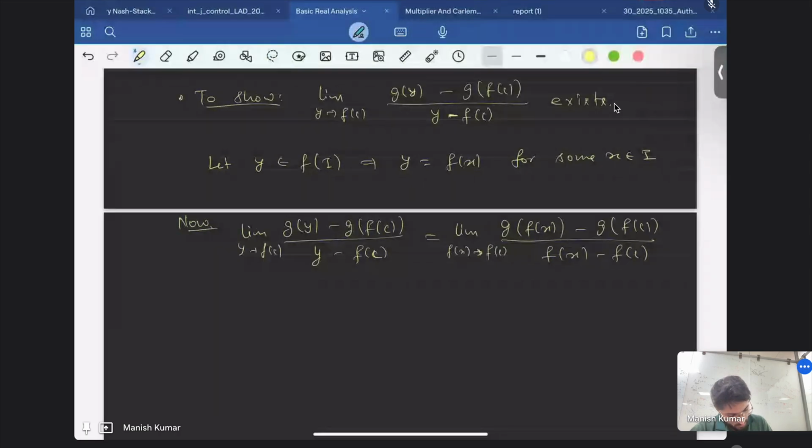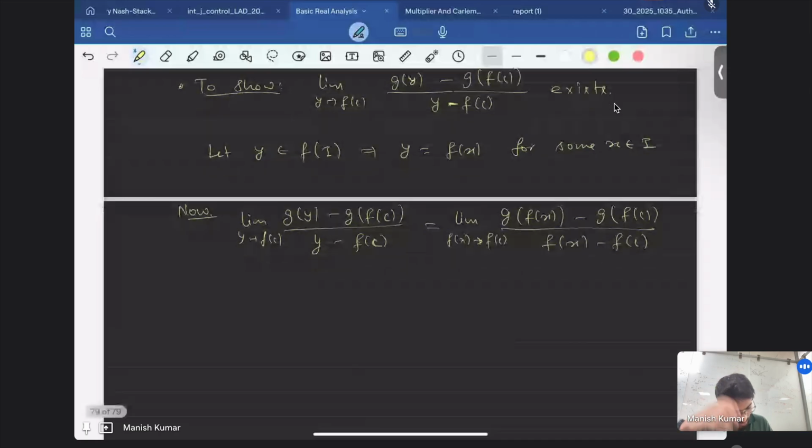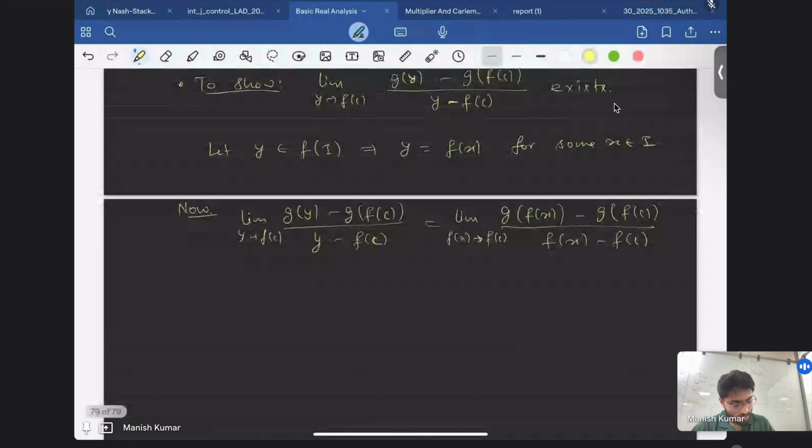So okay, there are two things. The first thing is that I'll have to use the fact that the inverse I'm getting, g, is also continuous at f of c.